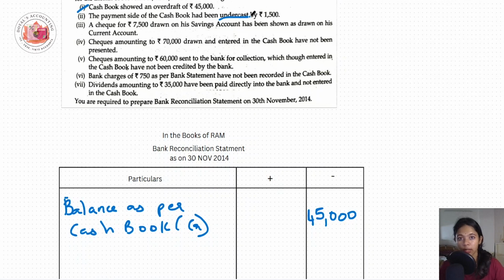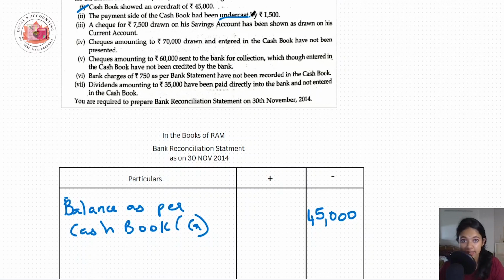When they were totaling the cash book, they recorded 1500 less. They did not add 1500 in the payment side. So there is an error in casting, right? Our payment side has been undercast by 1500. That means in our payments we forgot to mention 1500. So total payments are lesser by 1500 rupees in our cash book.